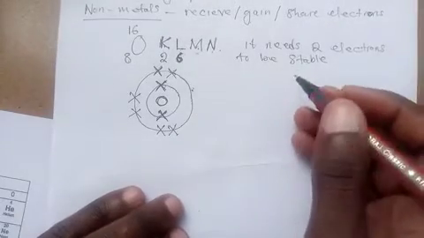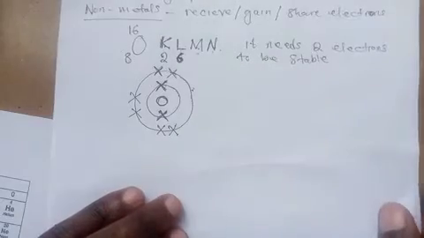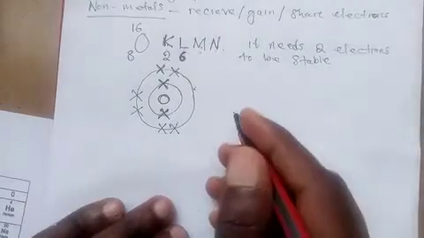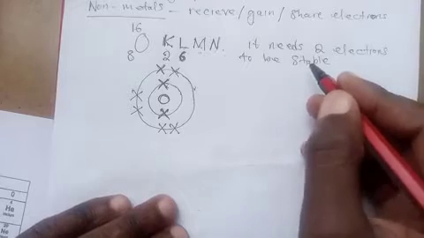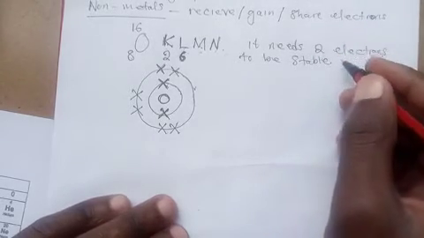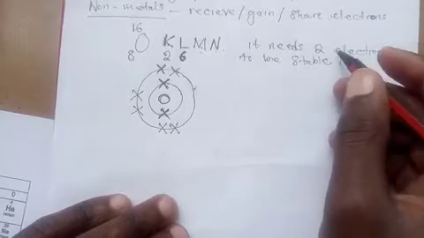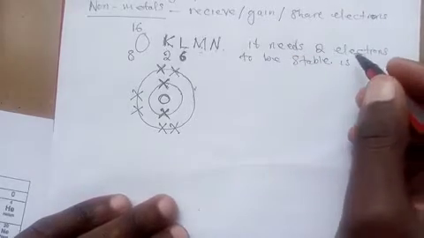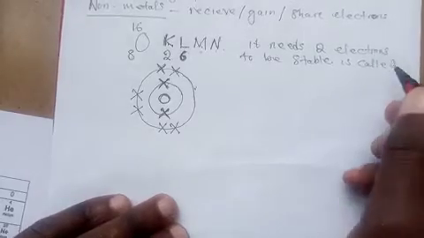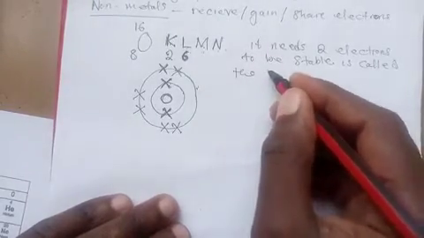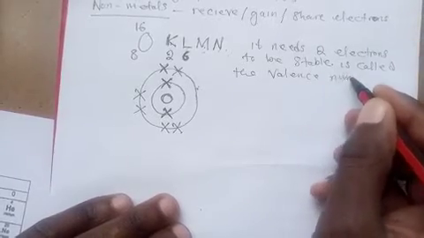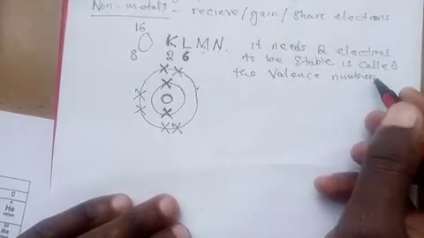You need this because it will be asking you about this. Make a chemical formula, what is the valence number, so for it to be stable it needs 2, and this 2 is called the valence number. Okay, the valence number.